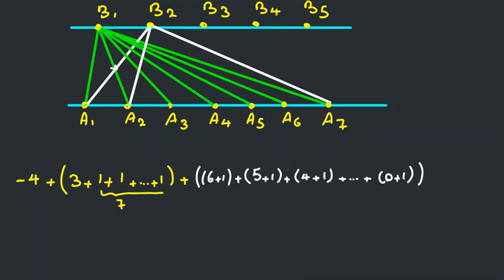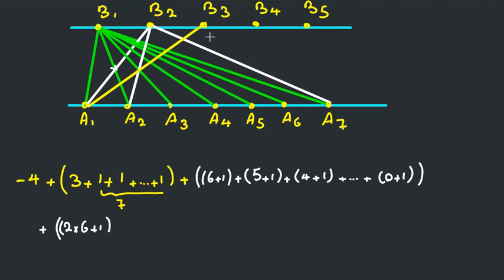Next step, we draw B2. If we connect B2, let's see how many intersections there are. A2 to A7 is 6 for green lines, and for white lines also 6. It connects A2 to A7 with B1 and B2. So it will be 2 times 6 intersections plus 1.